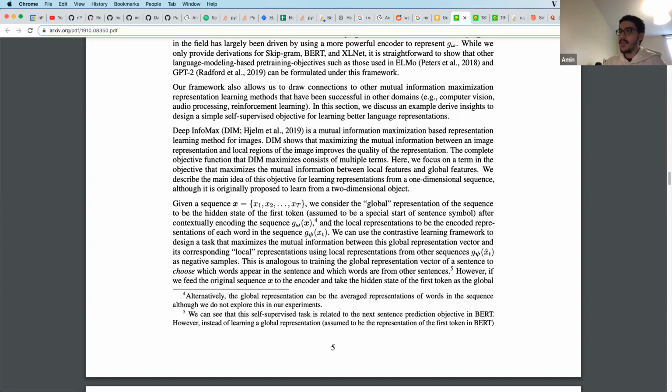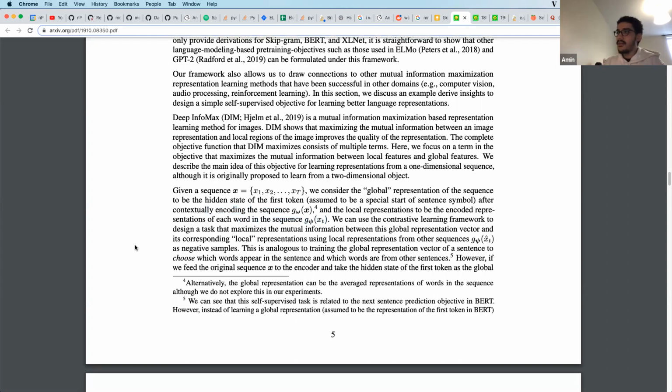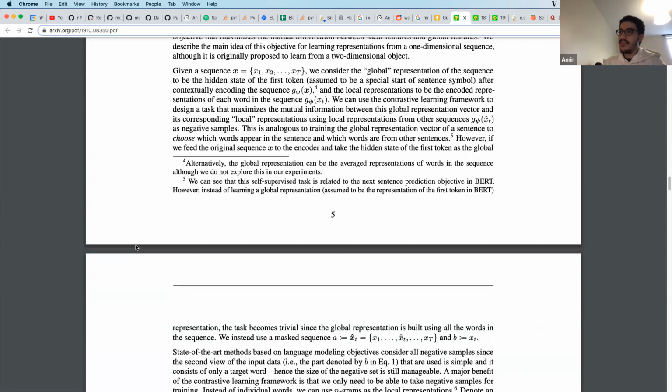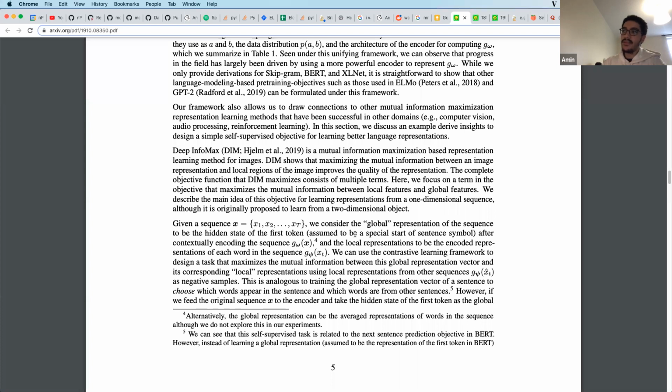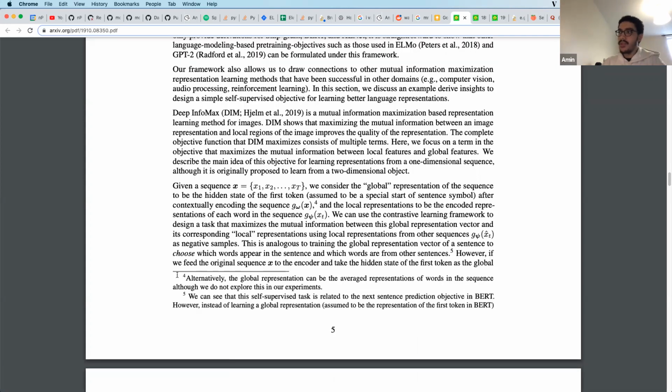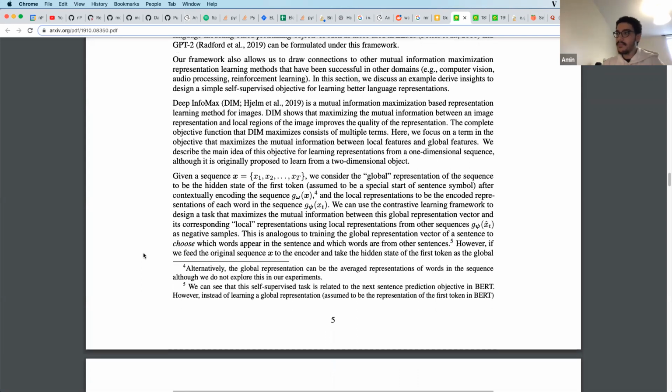That's for the global representation, and for the local representation, it's simply the embedding lookup of each token. Defining these two views of a sentence like this, you can then use the contrastive learning framework and maximize the mutual information between them.